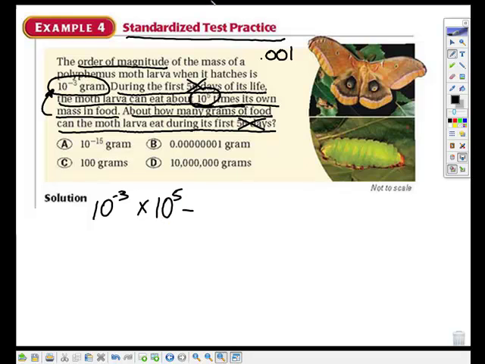And if we multiply those together, we get 10 to the second power, because we added the negative 3 plus the 5. We look at our answers and we should recognize 10 to the second power is 100, which makes our answer C. That concludes your video notes.